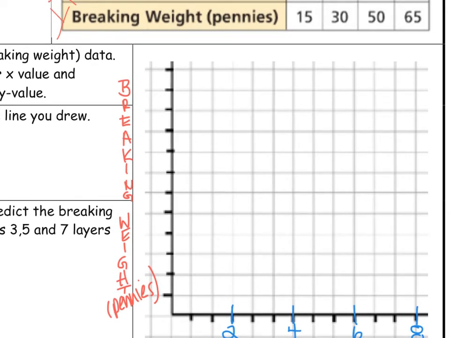I'm going to skip count. So this would be 5, of course 0 is right here, 5, then 10, 15, 20, 25, 30, 35, 40, 45, 50, 55, and 60. And since it goes up to 65, we can extend our graph just a little bit, right about there.